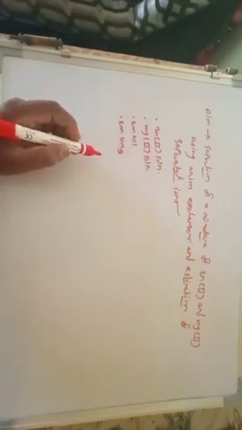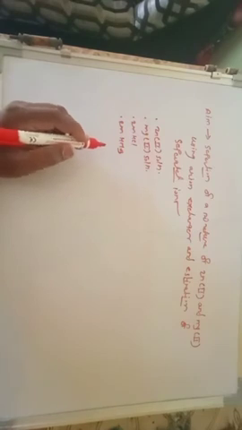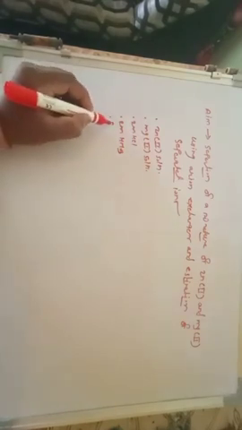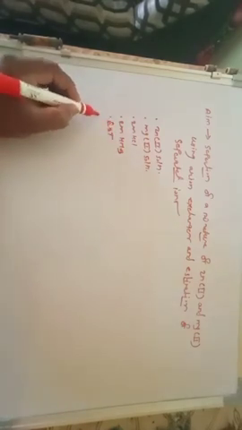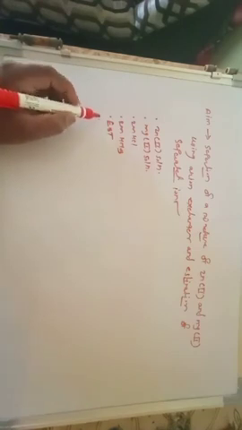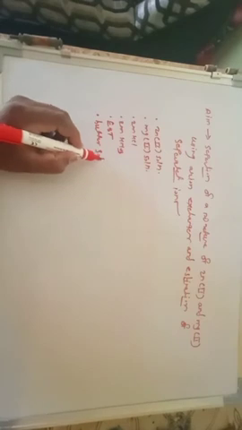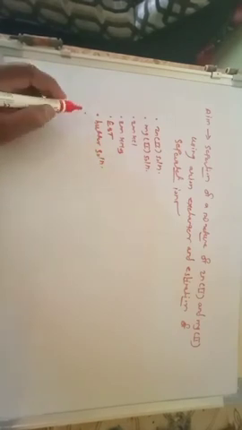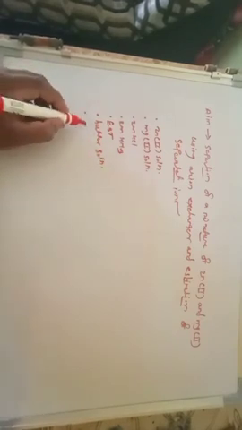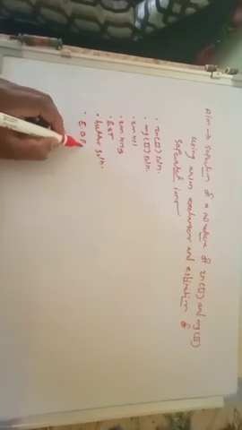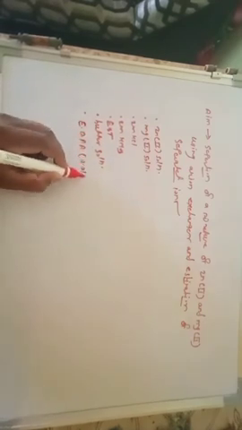Then we require Eriochrome Black T indicator, a buffer solution for titration, and the EDTA solution, 0.01 molar, for titration. So these are the chemicals we require.